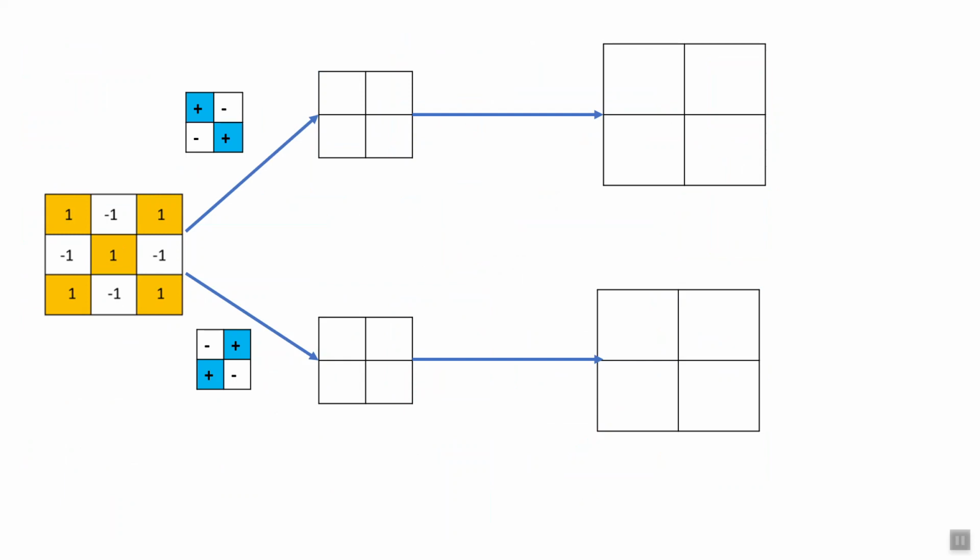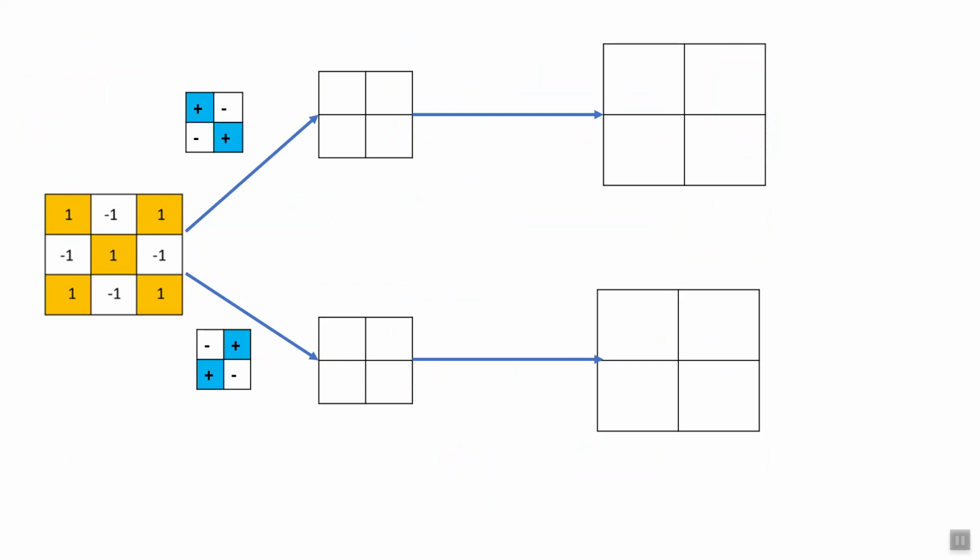There is one filter with plus and minus values for the backward slash, and one filter for the forward slash. We apply each filter to the image by sliding it across and see what value we get when we find the diagonal.